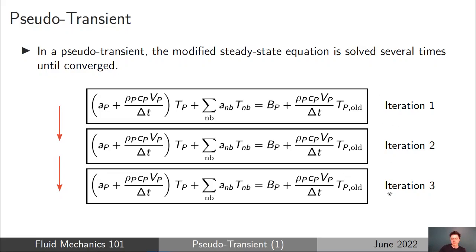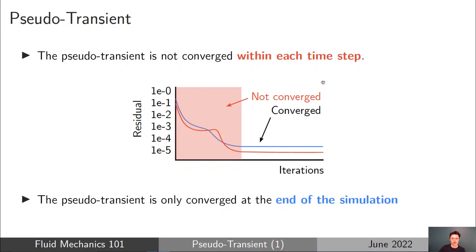And we solve the equation several times until the residuals have reduced sufficiently and all of the quantities that we're monitoring have converged, and that we have a steady state solution that doesn't vary in pseudo-time. So what we'll find is that as we get to our converged solution, moving to the next pseudo-time step and the next pseudo-time step doesn't change the solution, and so we have a converged steady state solution using the pseudo-transient approach.